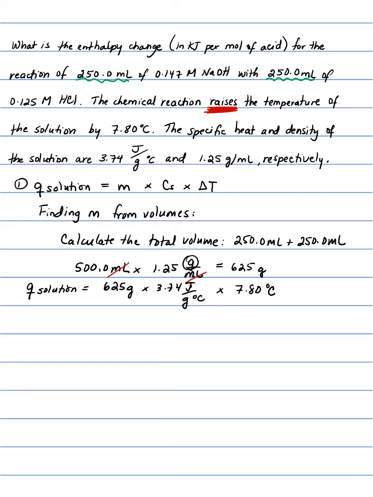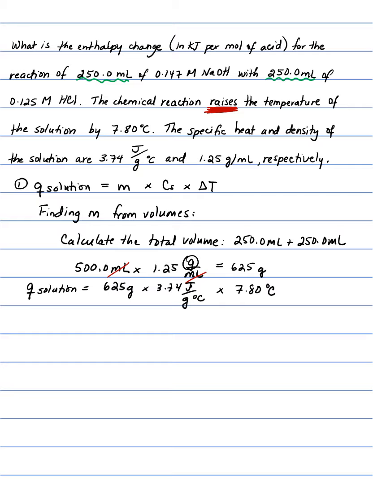If the problem tells you the chemical reaction decreases the temperature of the solution by 7.80, it means that that change in temperature is a negative number. If the temperature is decreasing, that temperature change is a negative number.